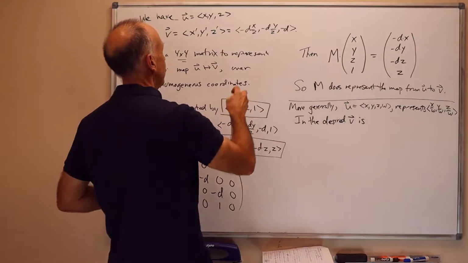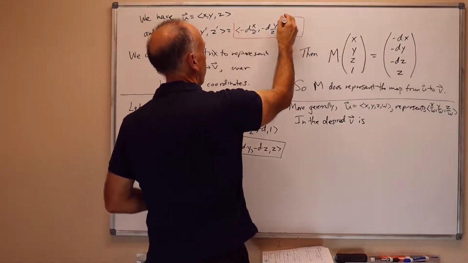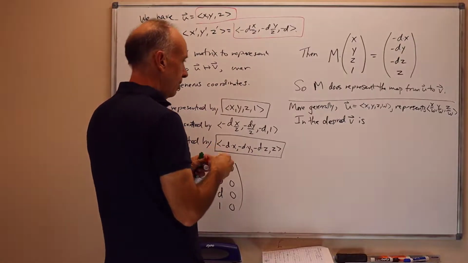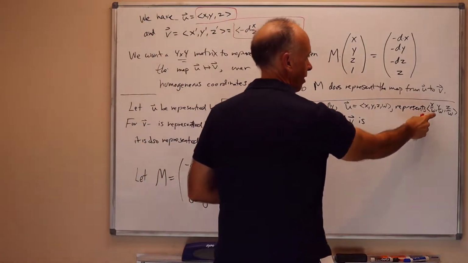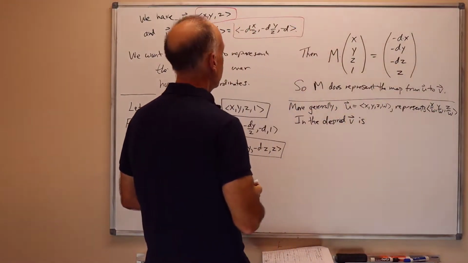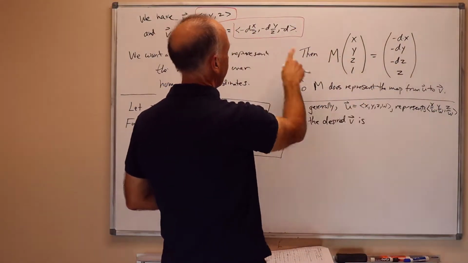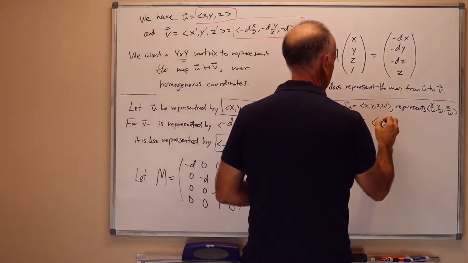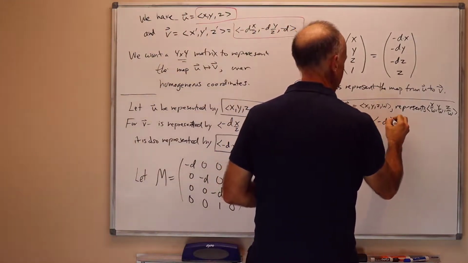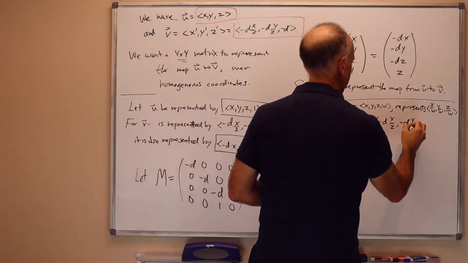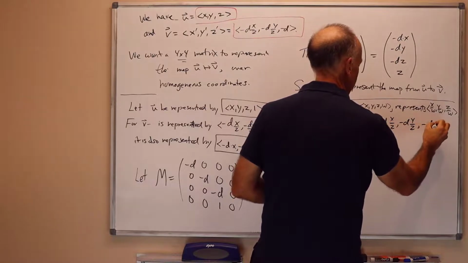The desired V was given by this formula when U was given as x, y, z. Now U represents the point x over w, y over w, z over w. So when we plug those in for the values of x, y, z here, we get still negative dx over z, negative dy over z, negative d.